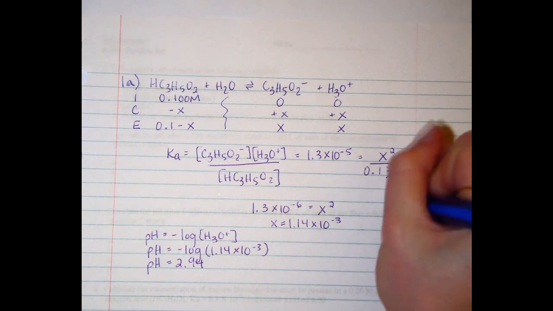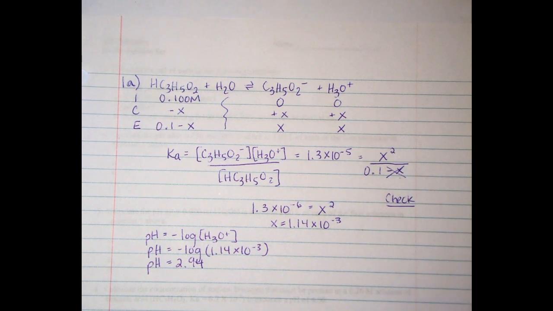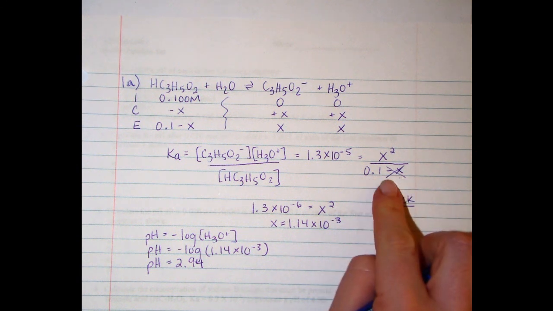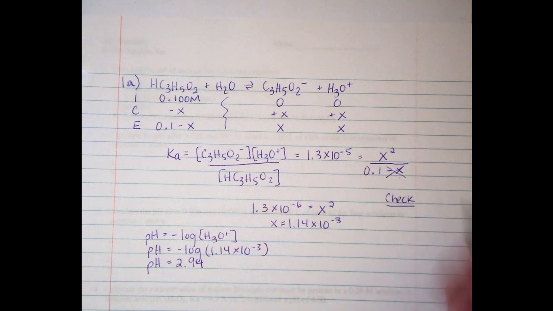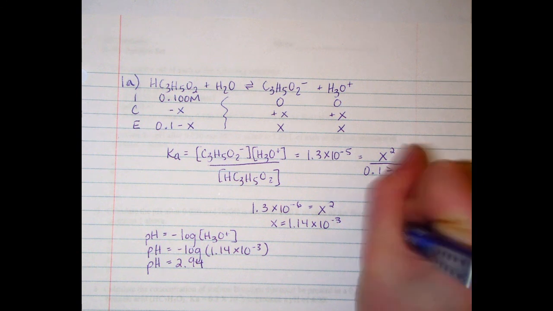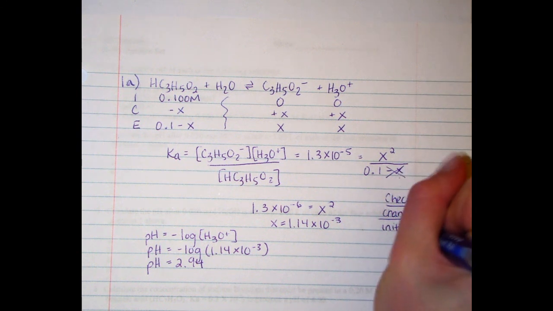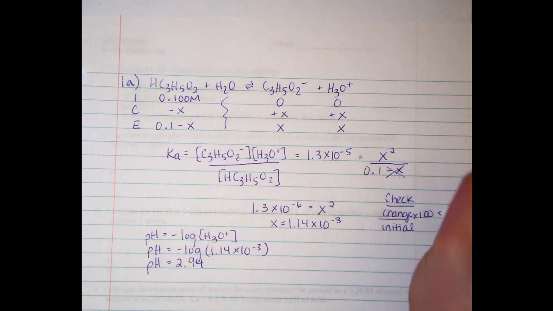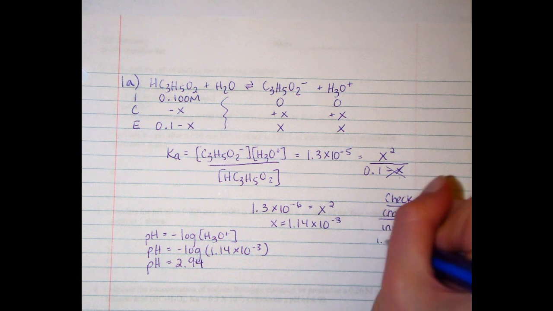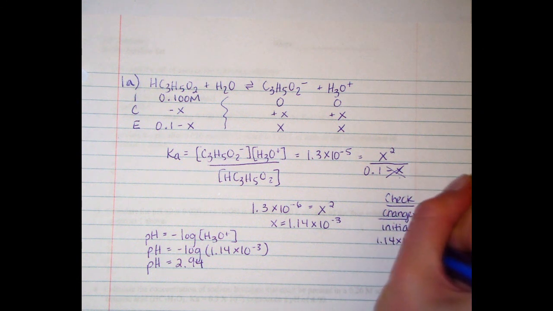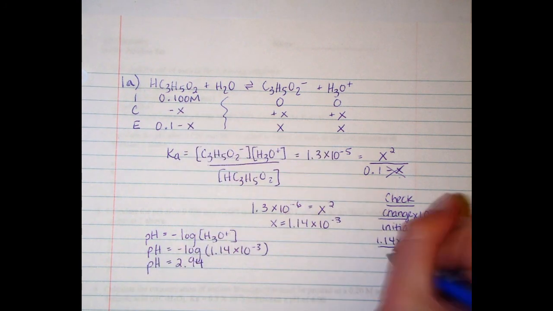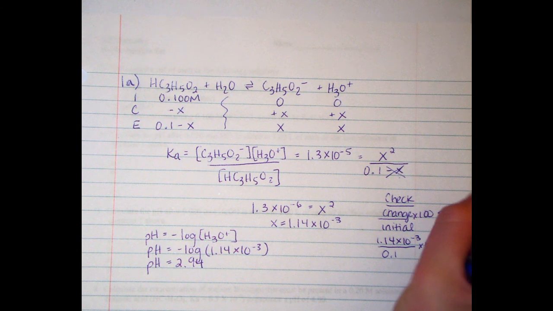So what we do as our check, and this is a totally separate thing, it's actually not part of the problem, it's just you justifying that we can make this decision and get rid of this x. I'm going to say that I'm going to take my change divided by my initial times 100 has to be less than 5%. So if I do my change, which is x, 1.14 times 10 to the negative 3, divided by my initial concentration, which is 0.1, times 100, what do I get?